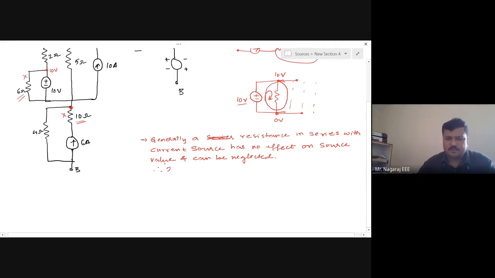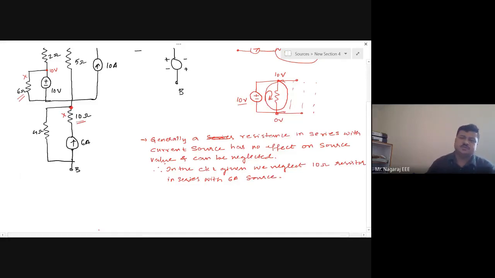Therefore, in the circuit given, we neglect the 10 ohm resistor in series with the 6 ampere source.